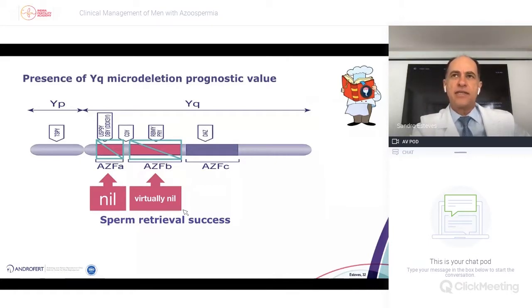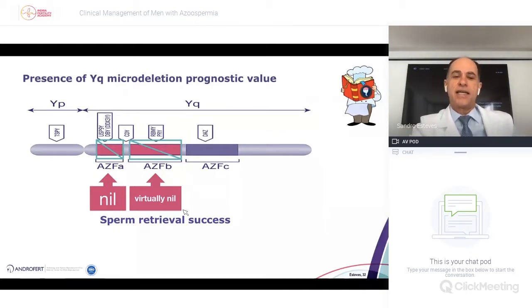However, the AZF-B is a long region with many genes, and some partial deletions involving the AZF-B region have been described in which sperm could be found. In our center, we have 2 cases of partial AZF-B microdeletions with sperm. We were able to find sperm used for ICSI and provide these couples biological offspring.